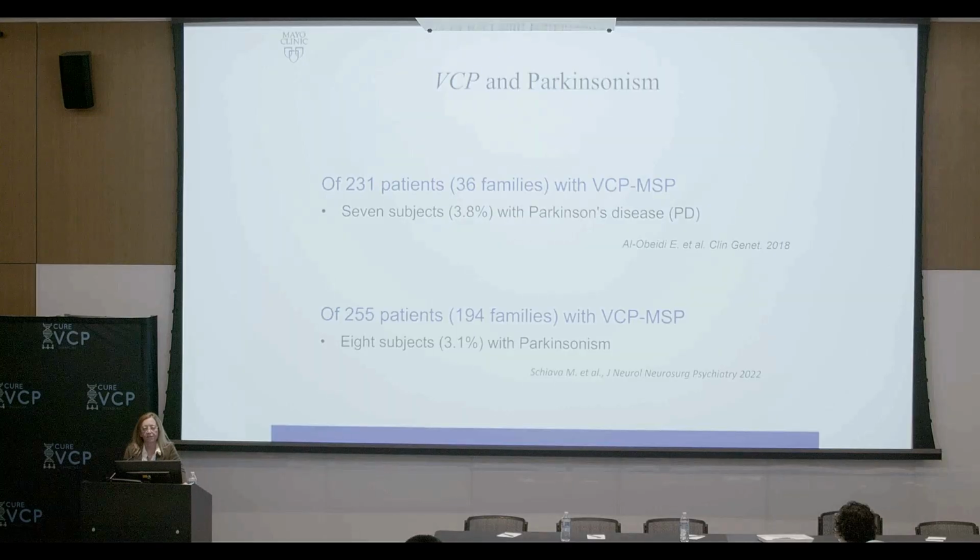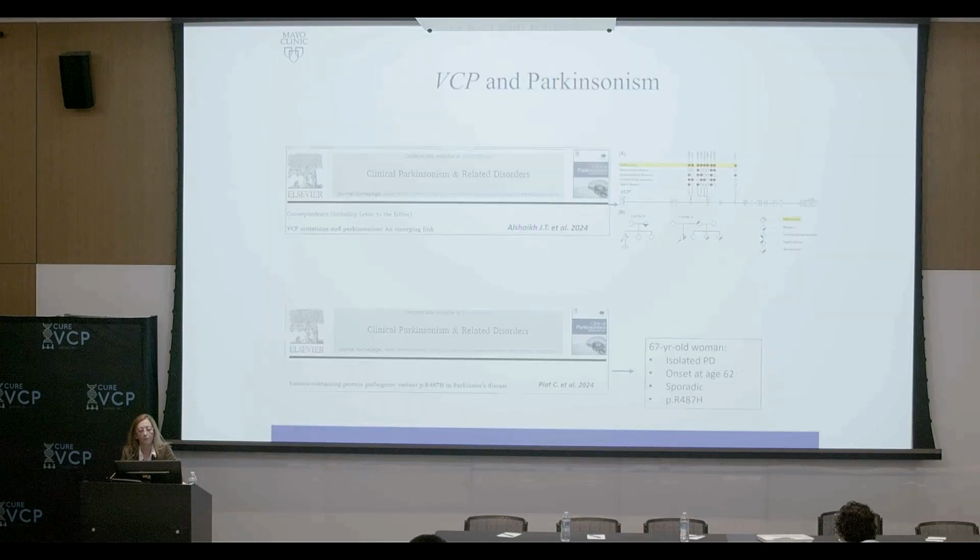Now, a lot of emphasis has been placed lately on the link between VCP and Parkinsonism. If we look at the 2 largest cohorts, Parkinsonism was described only in about 3 to 4% of the patients. Already this year, there are 2 reports of patients with Parkinsonism manifesting in the setting of associated myopathy and with or without Paget disease.